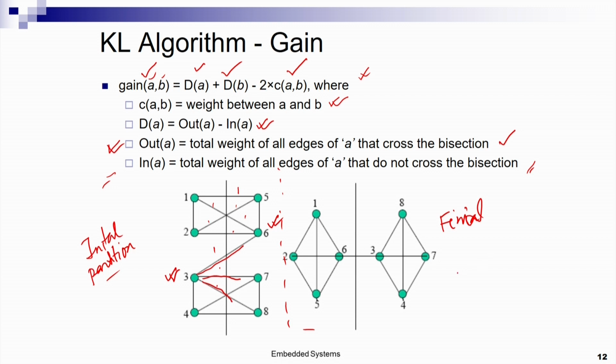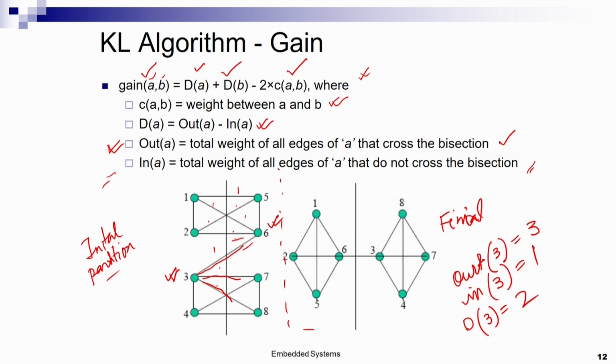So, out of 3 equals 3. What is in of 3? Only 1. So, in of 3 equals 1, and therefore, what is d of 3? D of 3 is 3 minus 1, which is 2.